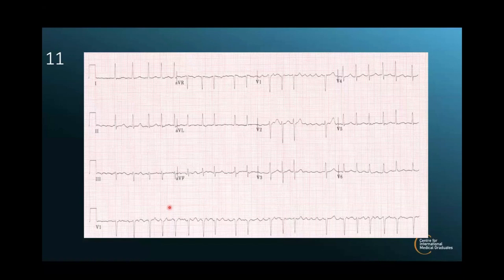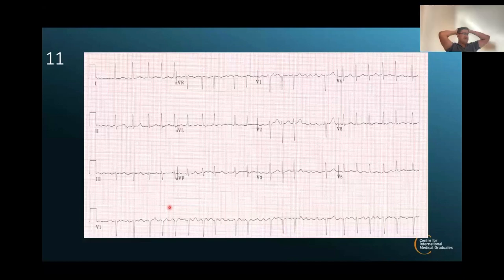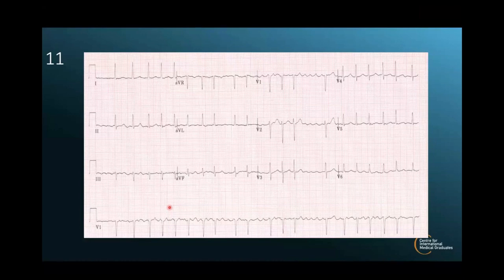Then, given that her heart rate is fast, depending on the duration, and considering other comorbidities and other medications that she could possibly be on, I would consider rate control, and I would also evaluate if I should anticoagulate her or not.